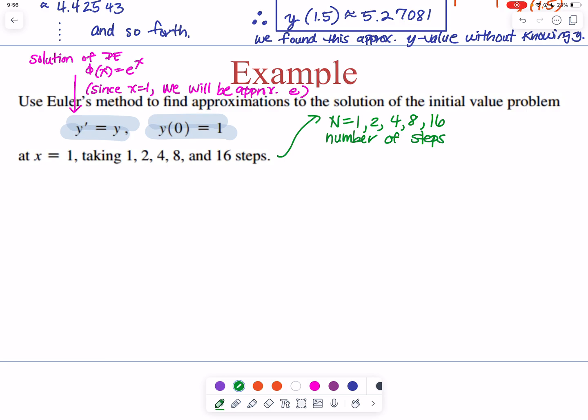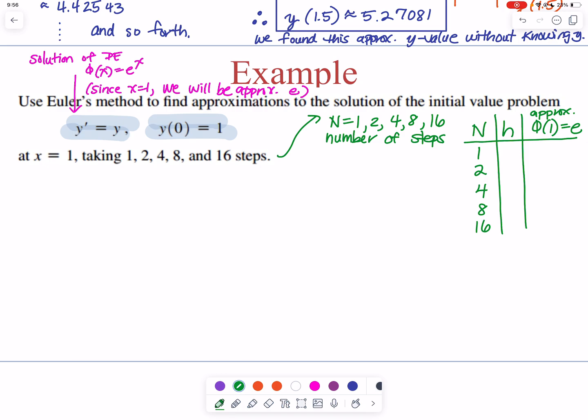And if we have a table of the number of steps, and then we have our step size, we can go ahead and find that approximate solution for e.